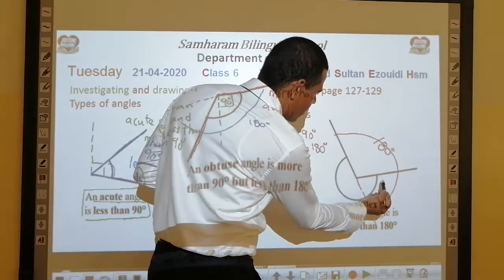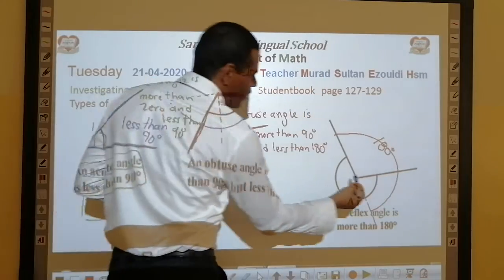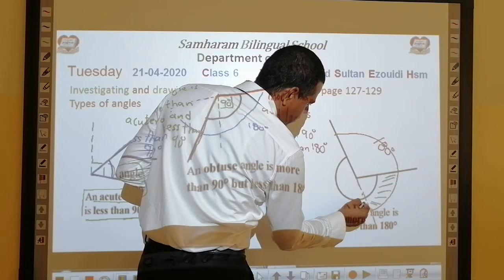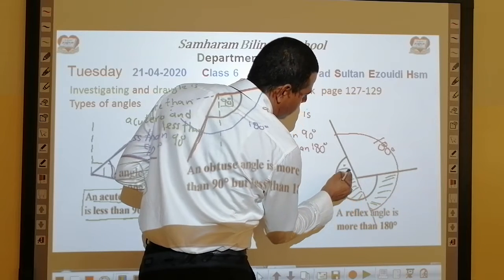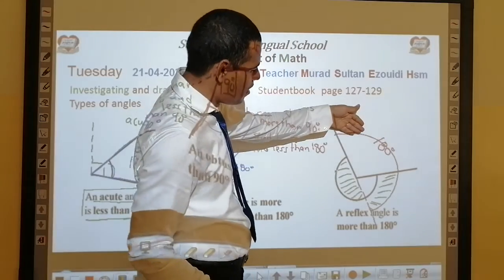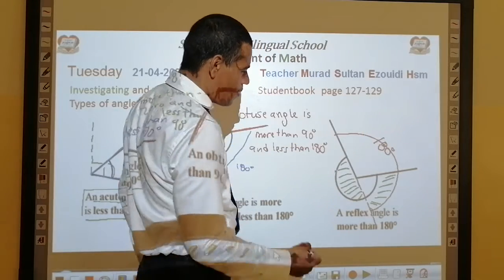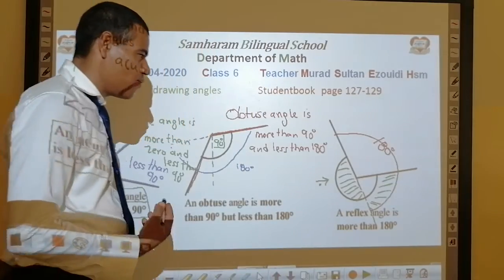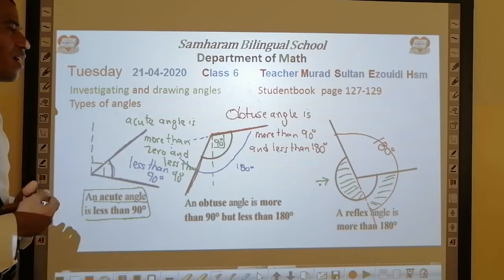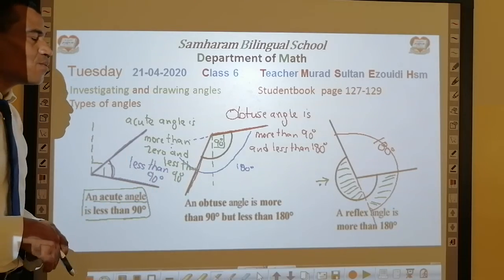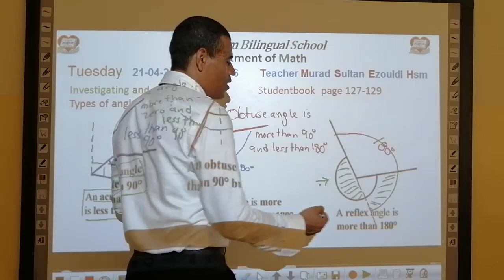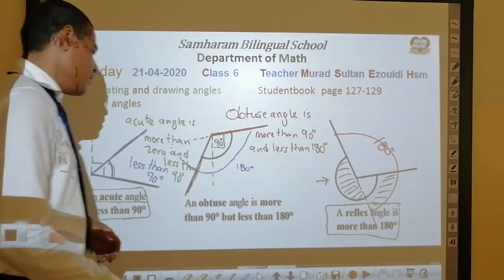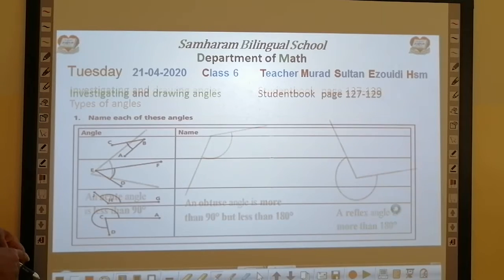So you can see this angle is more than 180 degrees. Let's give a name for this diagram. It's called a reflex angle. It is more than 180 degrees. So a reflex angle is more than what? Than 180 degrees.